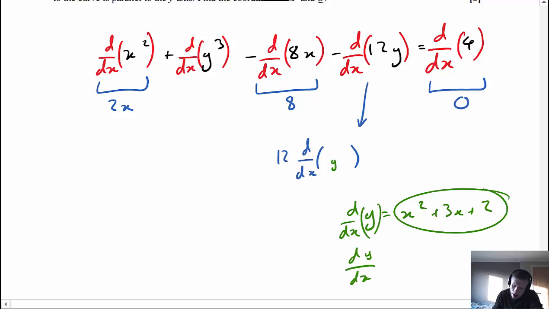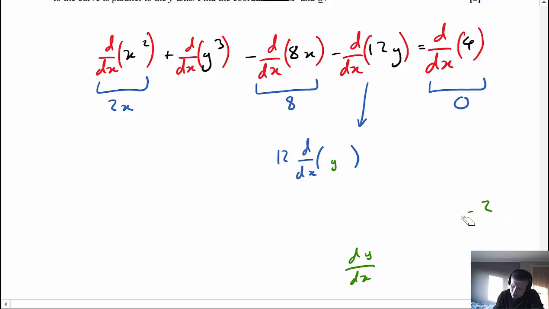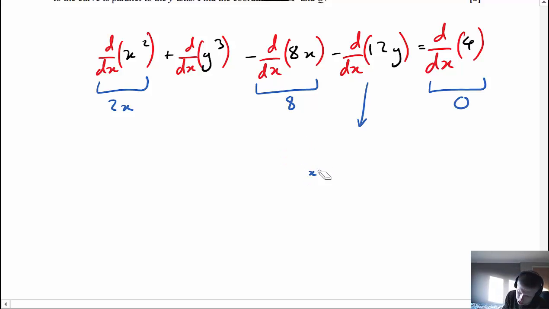So you could write it like that, or you could think of it as the function itself. So y is properly a function, and that function is just to the power of 1, so that 1 sort of climbs down, and it just becomes dy by dx. So it just comes to be 12 dy by dx. That's all that literally becomes. So that's 12 dy by dx, that's nice and easy.